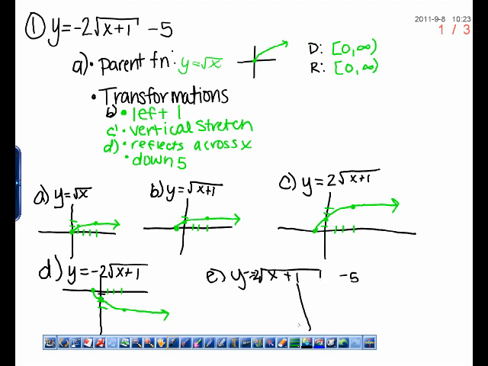So we're going to take our graph and we're just going to shift everything down 5. So negative 1, 0 is going to become negative 1, negative 5. 0, negative 2 is going to become 0, negative 7. And 3, negative 4 is going to become 3, negative 9.